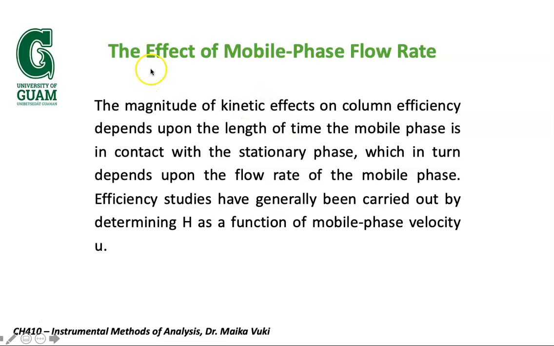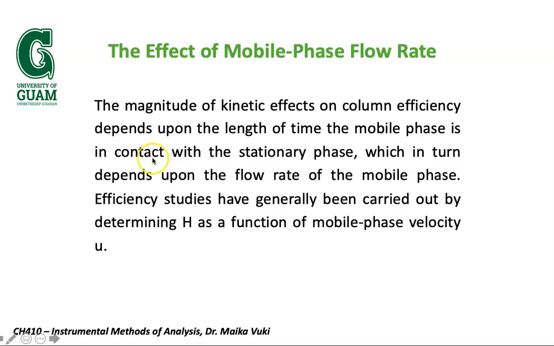So how does the mobile phase flow rate affect the separation? The magnitude of the kinetic effects on column efficiency depends on the length of time the mobile phase is in contact with the stationary phase.